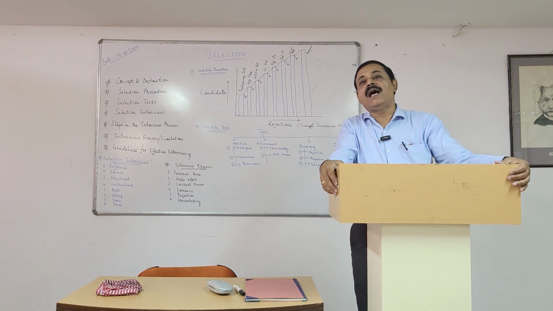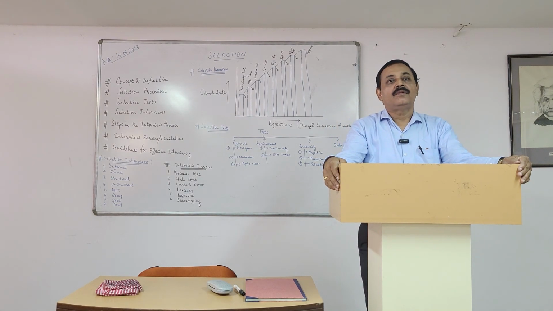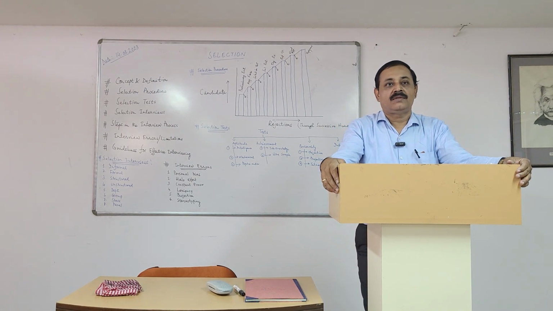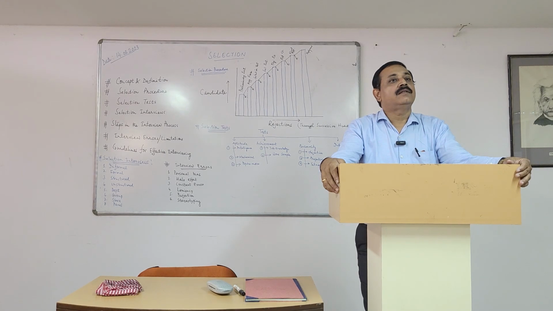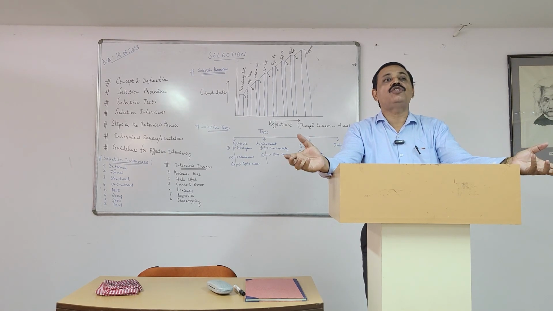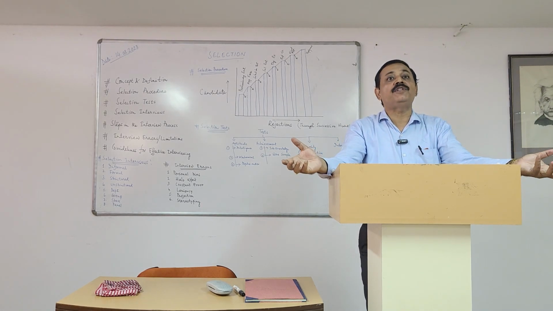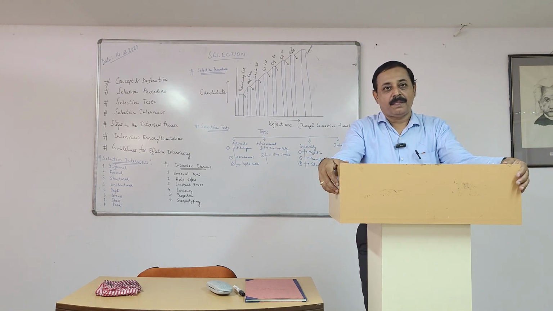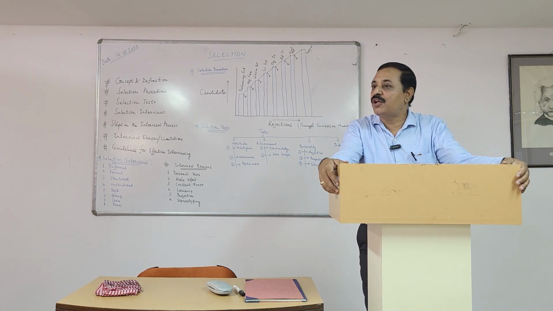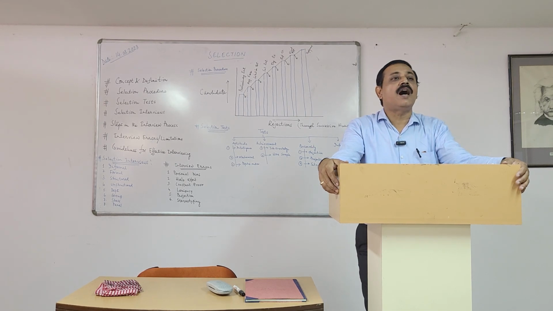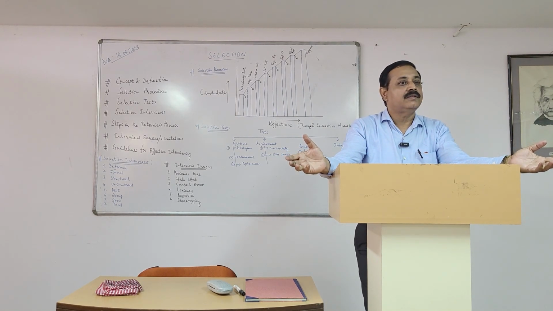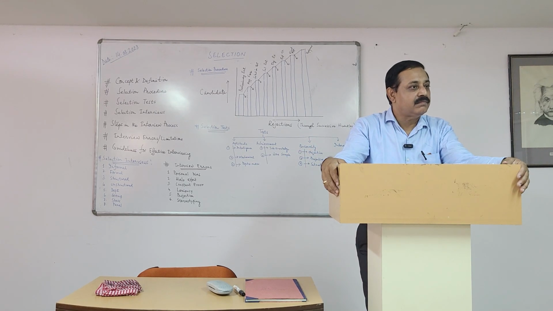It is important that we must note that the selection procedure involves a series of steps, and each of these steps can lead to rejection of the candidates. These are generally followed in succession.